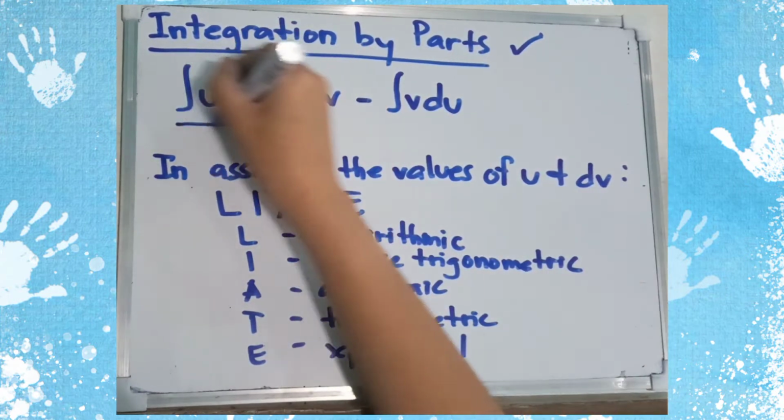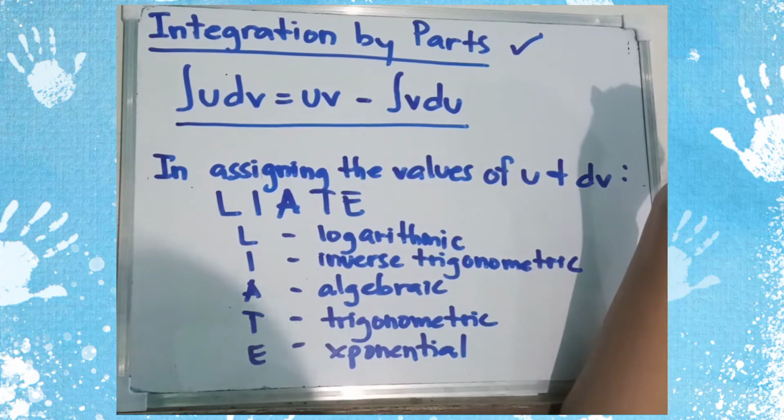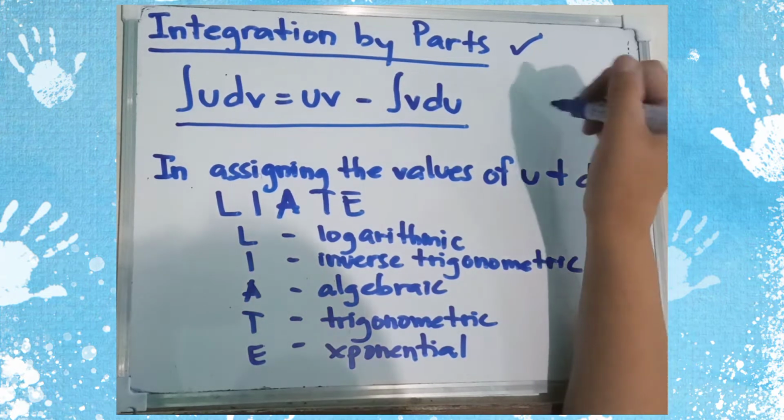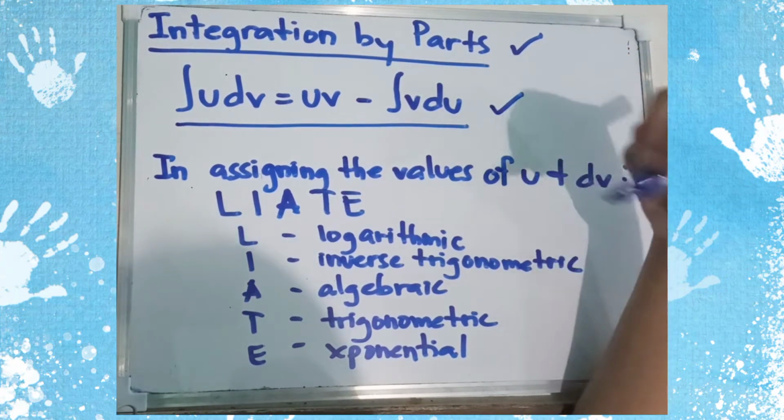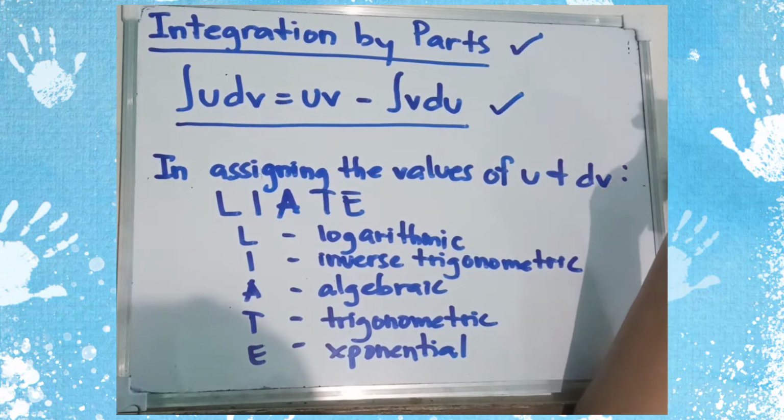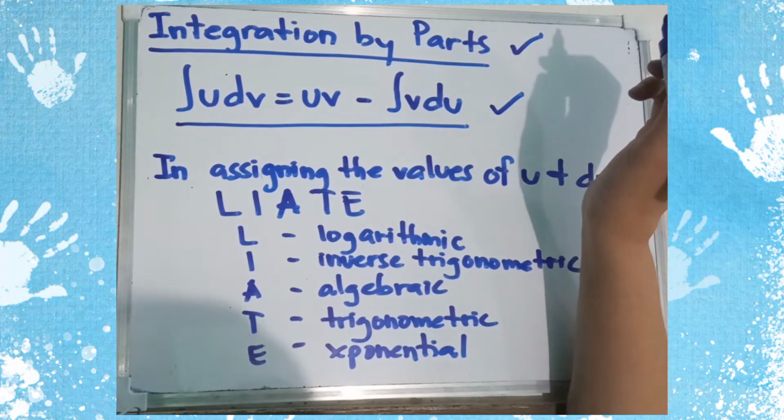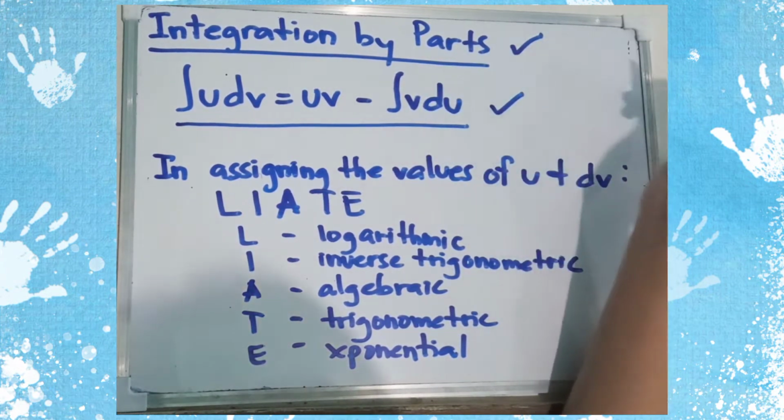We have this formula: the integral of u dv is equal to uv minus the integral of v du. This formula is derived from the product rule for differentiation.